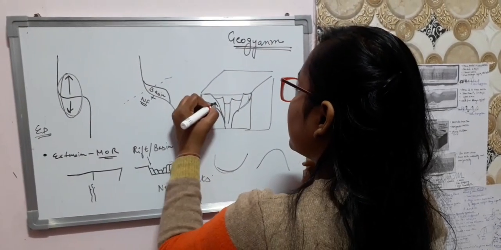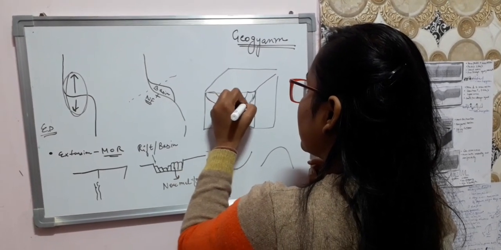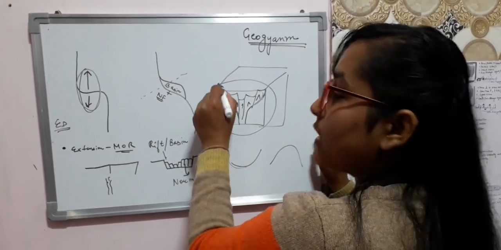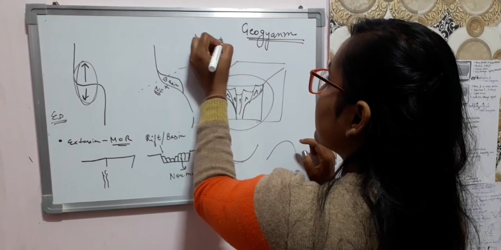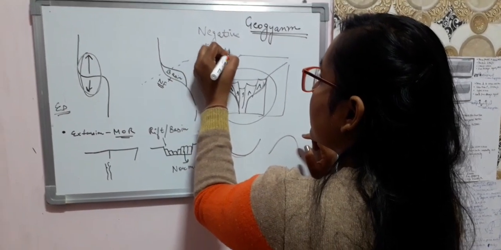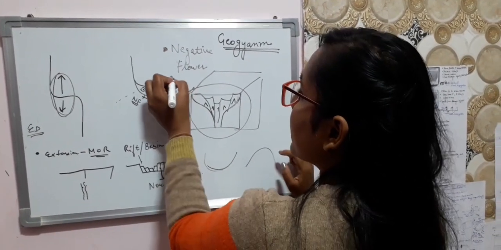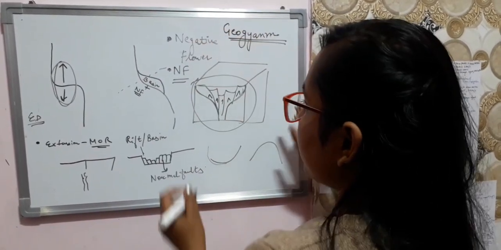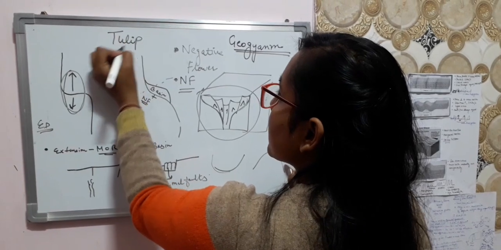Okay, so this feature is called a negative flower, which forms with normal faults, and this negative flower is called a tulip structure.